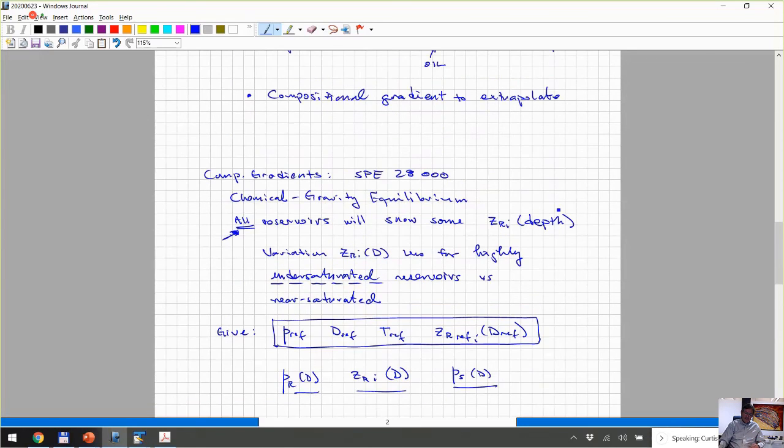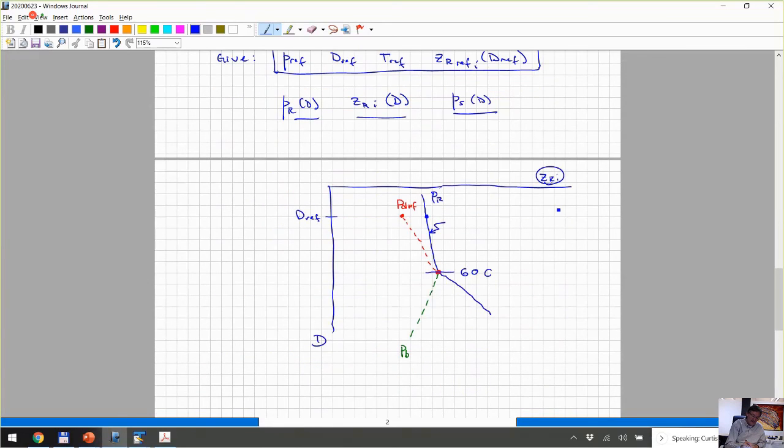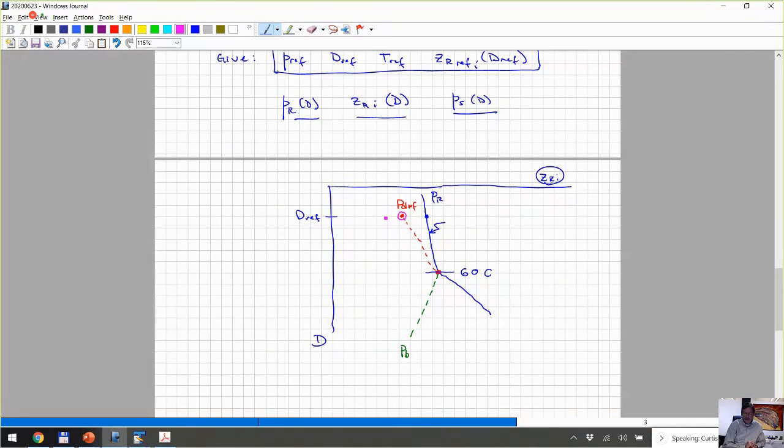But that's another method you can use. If the sample you've collected is, say, this, and we want a black oil table that goes all the way to saturation pressure at the GOC, then we could use the gradient calculation and take the composition at the GOC as our black oil table composition to create the black oil table for the gas. And maybe for the oil, you'd use the gas-oil contact oil composition.